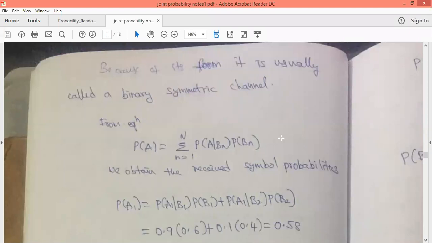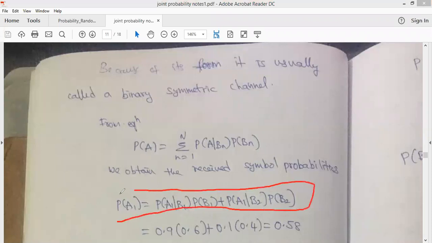So this summation is expanded for only two conditions, n equal to 1 and n equal to 2. Using this equation we obtain the probability of A1.